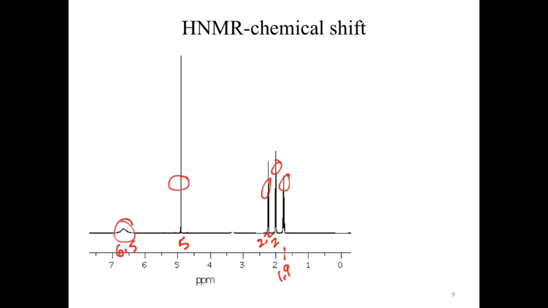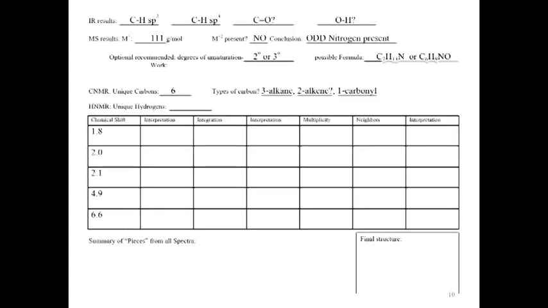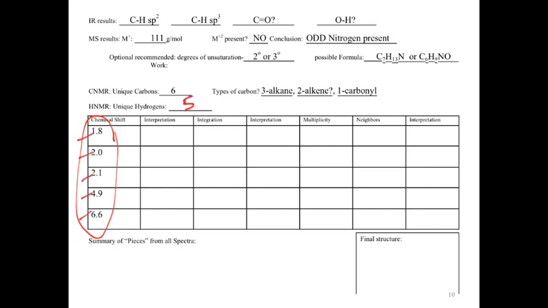These numbers don't need to be exact because the chemical shift doesn't give us that much information. So we're really just trying to approximate, much like we did in the IR. So we go into our table, and you'll notice that I dropped those numbers in. So our chemical shift is now listed in there. Hopefully you see that. I did forget to put the number of unique hydrogens, and it's going to continue to not be there. So 1, 2, 3, 4, 5. We're looking at 5 unique hydrogens.